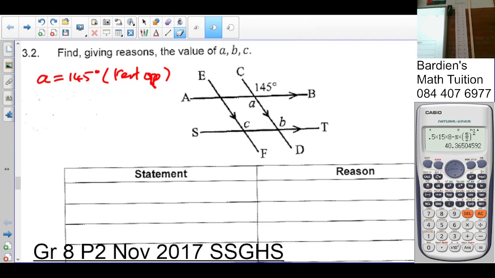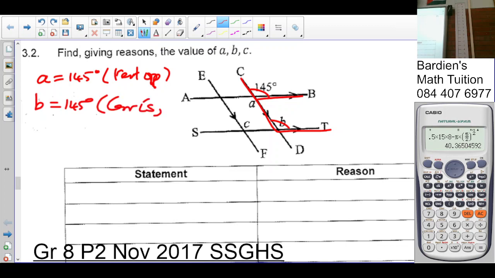Why? Alternate, he says, or corresponding. Okay, both are correct. Both will get a full mark. So B is equal to 145. It's corresponding angles with AB being parallel to S.